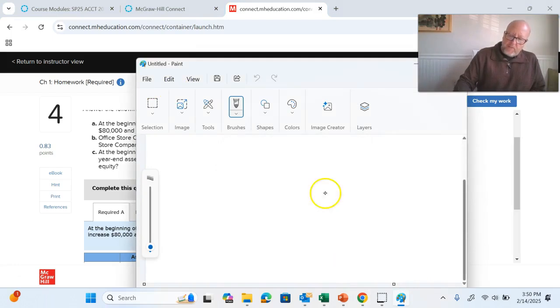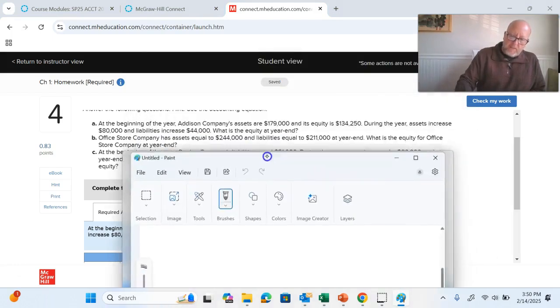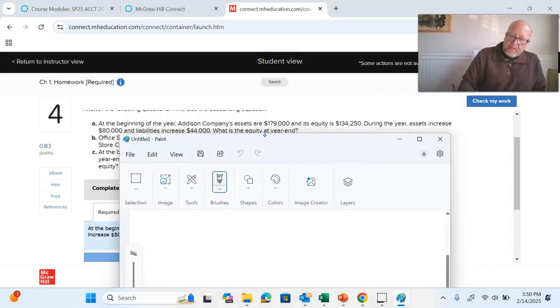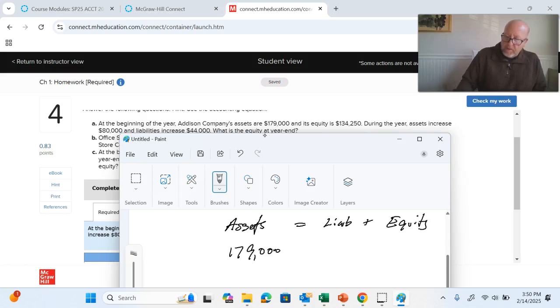I'm thinking this question is basically saying, at the beginning of the year, we have assets of 179. And then we know that equals liabilities plus equity. And it says that our equity is 134,250.